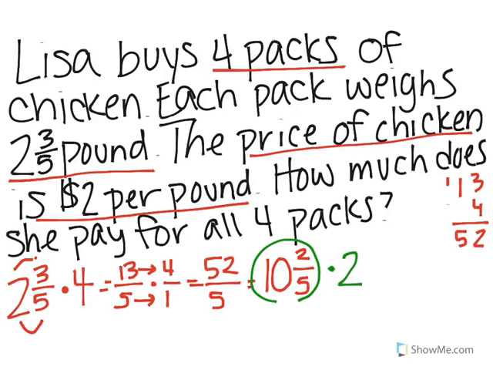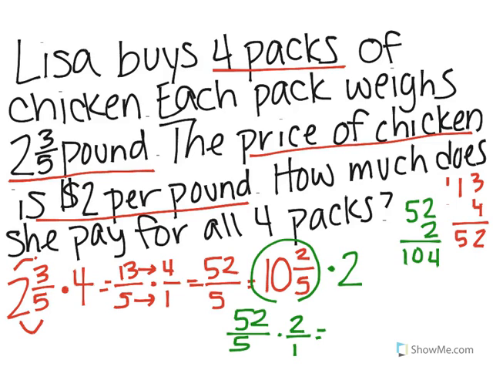So let's turn this into an improper fraction. 5 times 10 is 50, plus 2 is 52, over 5 times 2 over 1. Let's do it out. 52 times 2 is 104 over 5.